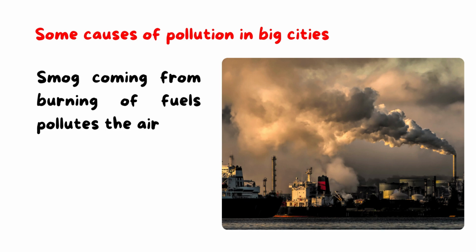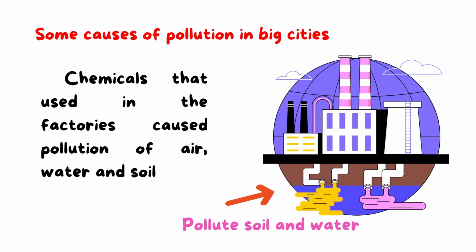How? We will take examples. In the factories, what happens? There is a lot of smog, like smoke coming from burning of fuels, and this pollutes the air. This is the first example. And also the chemicals that are used in the factories cause the pollution of air and water and soil.